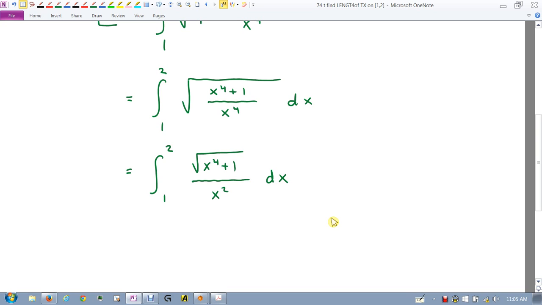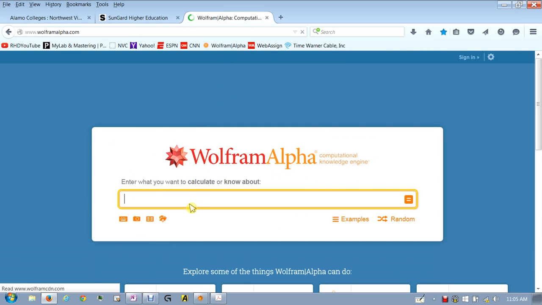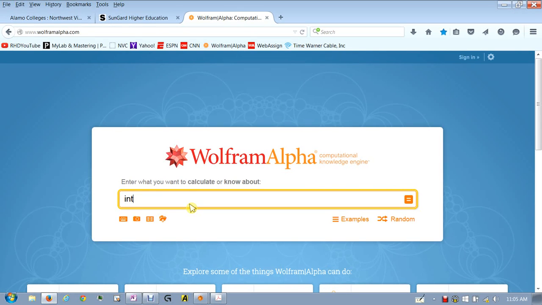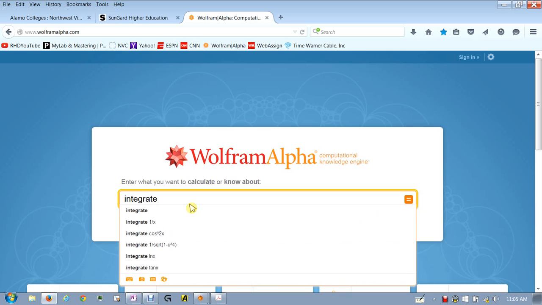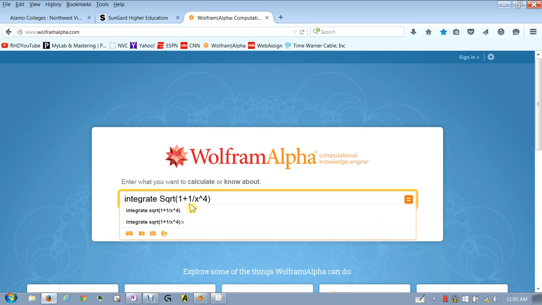So what I'm trying to illustrate with this, let's bring up Wolfram. Let's see what Wolfram does with this. Integrate square root of, was it 1 plus 1 over x to the 4th? I'm putting it in the original form.